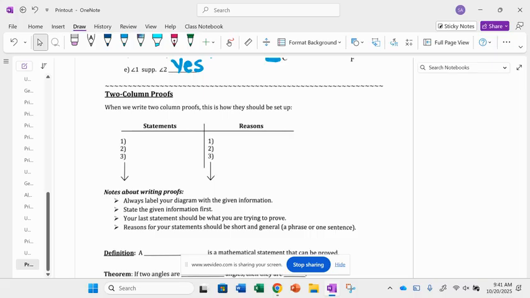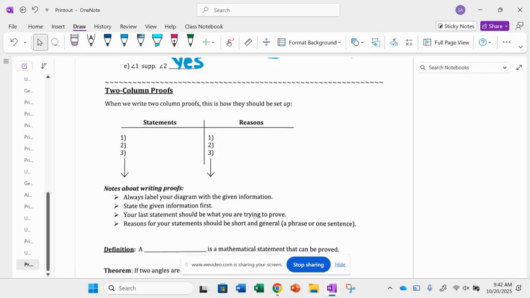We never address the diagram in our reason, and you'll see what I mean when we go on. Your very last statement is always what you want to prove. So if your last statement is not what's being asked to prove, that means you did something wrong.